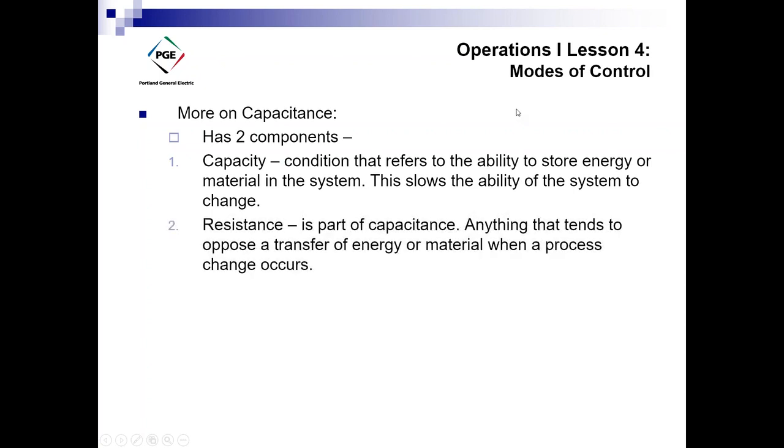And then resistance is a part of capacitance. It's anything that tends to oppose a transfer of energy or material when a process change occurs. And why this is important, because when we get into modes of control and just system control overall, there's the rate of change of control, how quickly the system responds to changes when the controller changes the output.